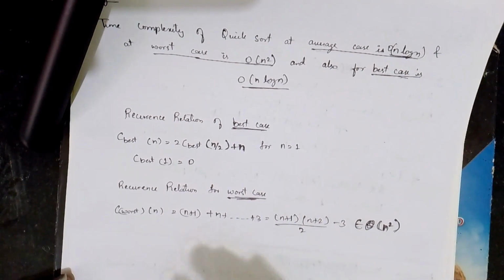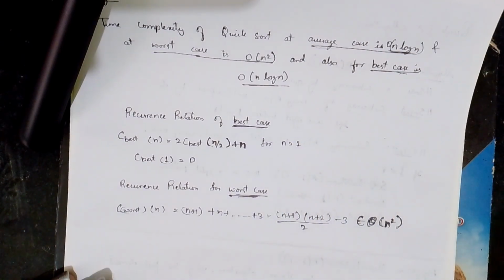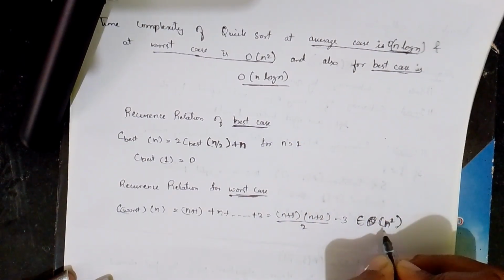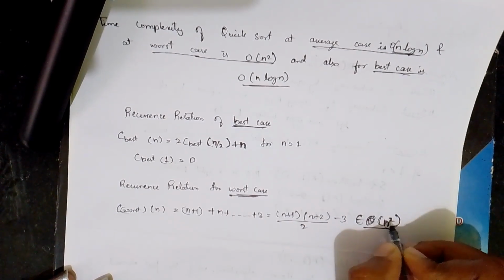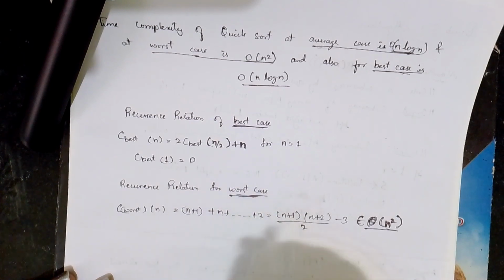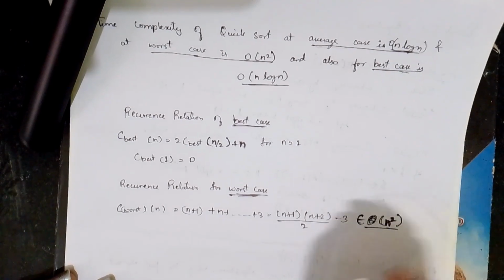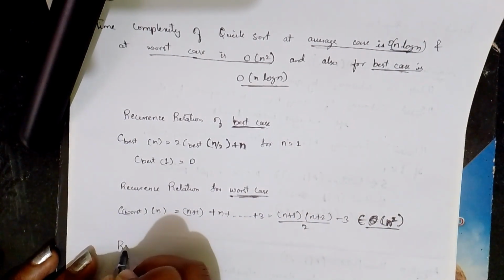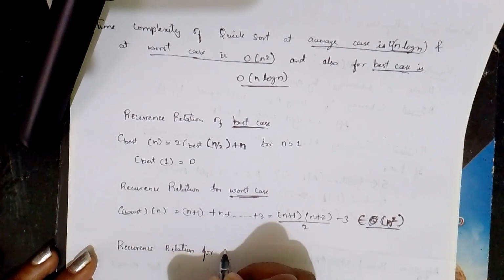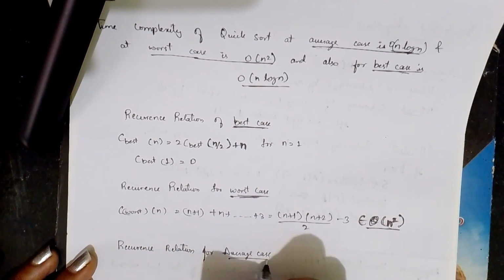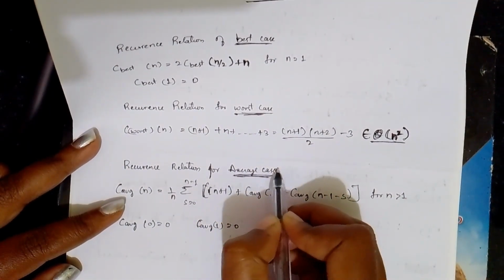This is because when we do partition we will get an unbalanced, sorted array. In that case the time complexity of this quicksort is n squared. Only on those particular cases the worst case will be n squared, and this is the recurrence relation of the average case.